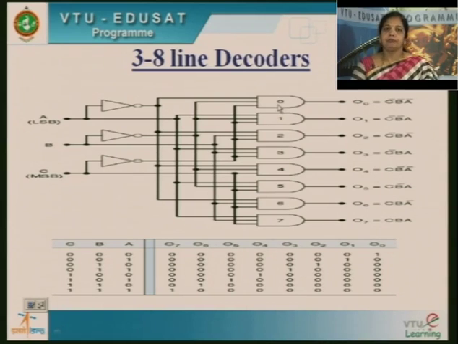So wherein you will be having my output as logic 1, that is nothing but A complement, B complement, C complement. Similarly, we have all 8 combinations over here. Based on the input we are giving, that particular line or particular gate will be high or enabled, and we will get the output. So this is the 3 to 8 line decoder circuit diagram.